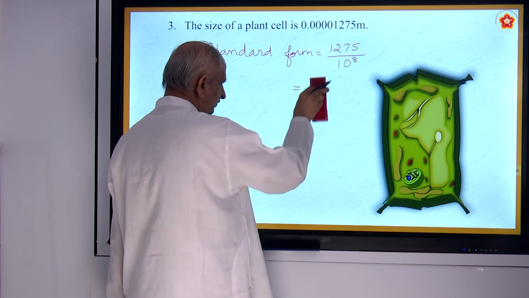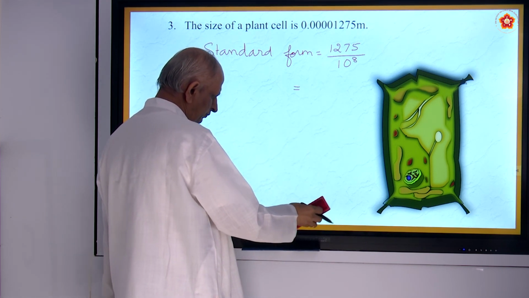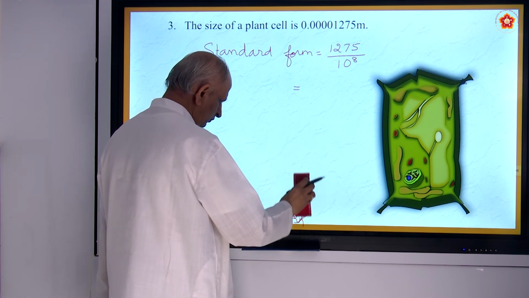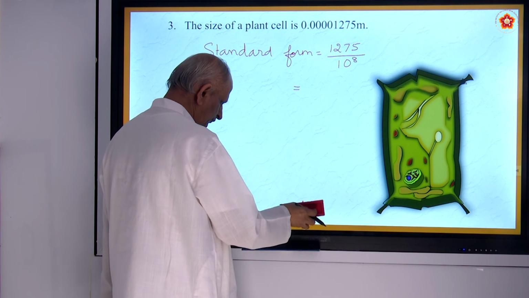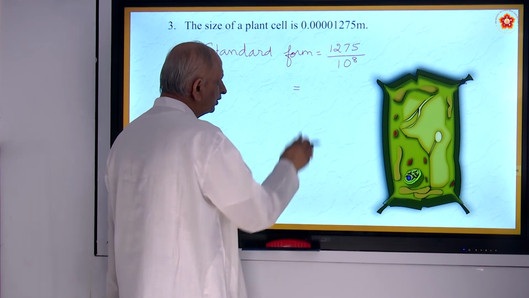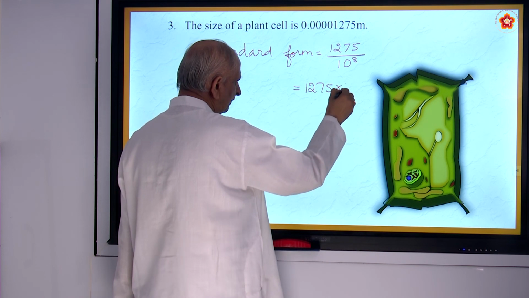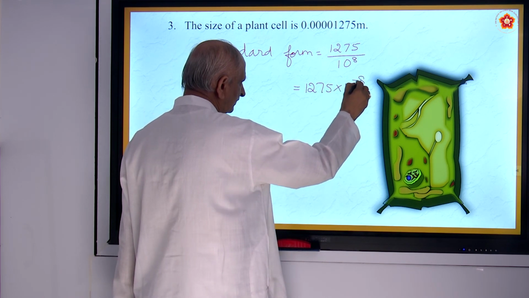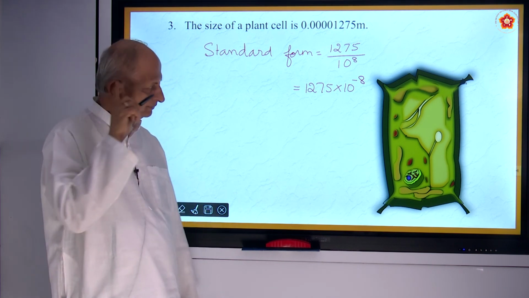First you write it as it is, 1275, so 1275 into 10 to the power of minus 8, but the standard form should be between 1 and 10.